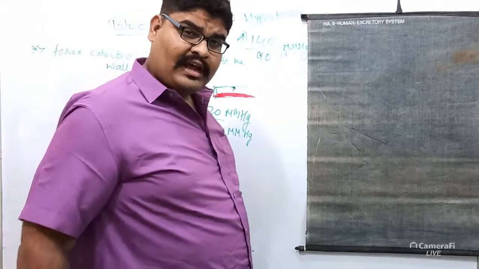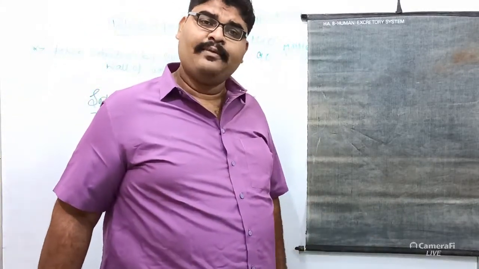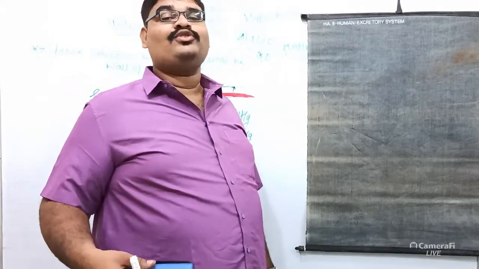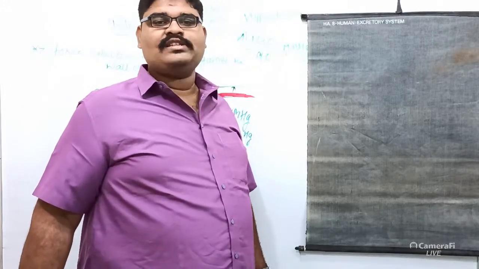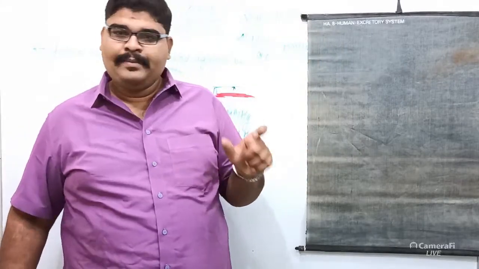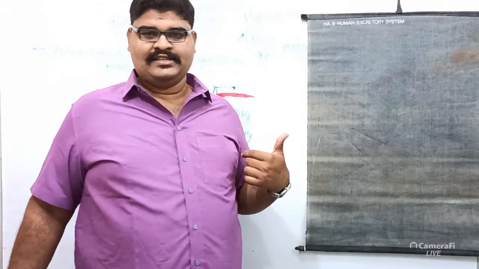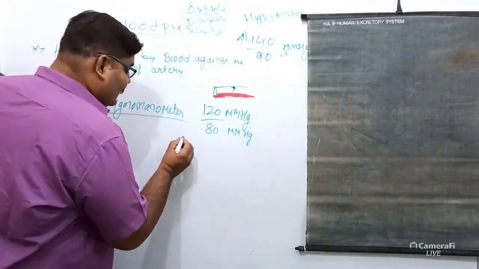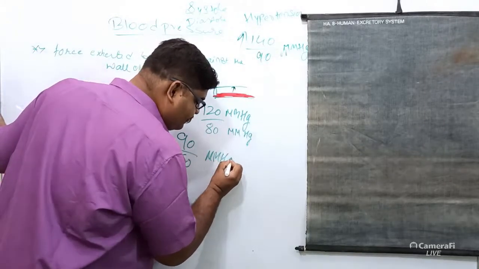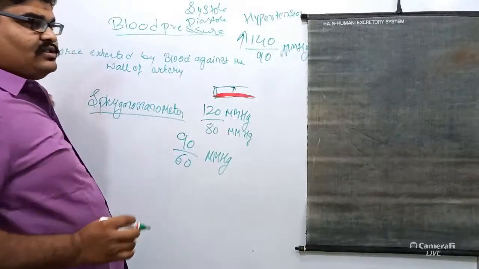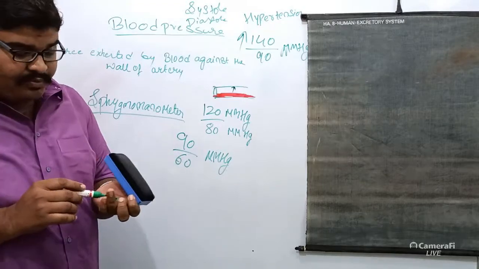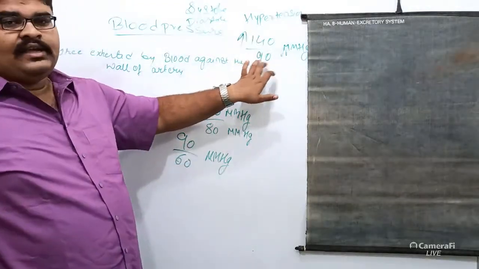When we are discussing hypertension, there is also a word called hypotension. So what is this hypotension? When the blood is not flowing with sufficient pressure, that situation is known as hypotension. Hypertension is above the normal ranges, hypotension is below the normal ranges. Below the normal range, 90 by 60 mmHg, is hypotension.